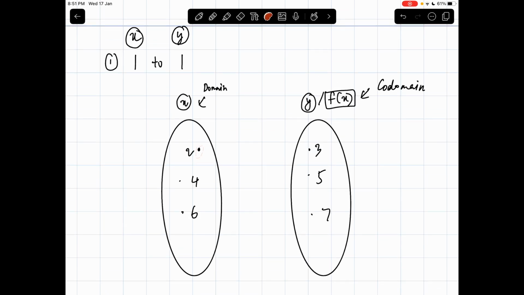What happens here is that each value of x will have one value of y as its result. This is due to some sort of function. For this function, it will be f of x equals x plus 1, because if you take a closer look, you will notice that x plus 1 will give you the y value, which is f of x.